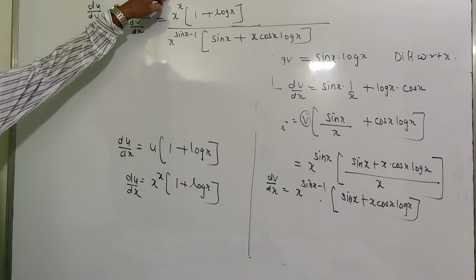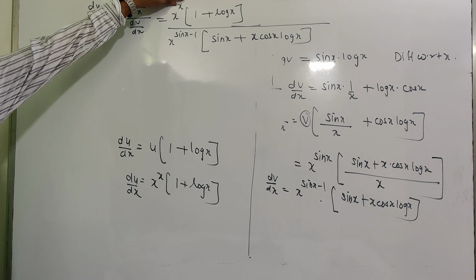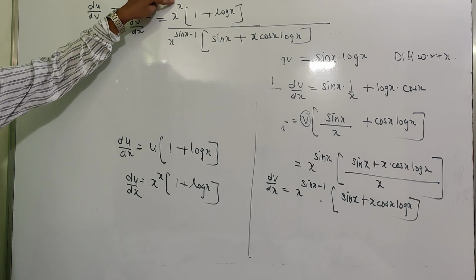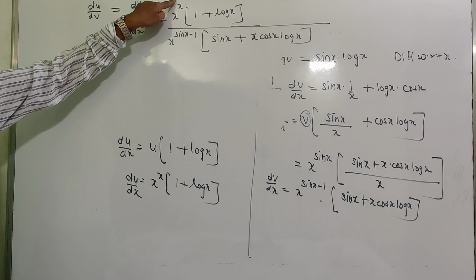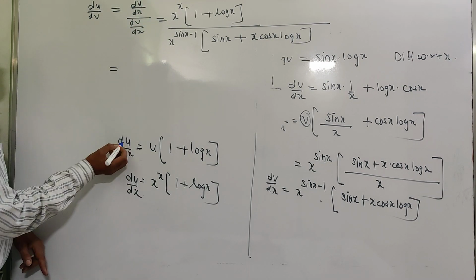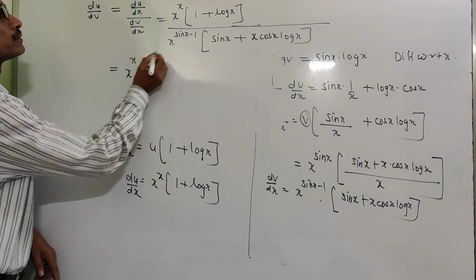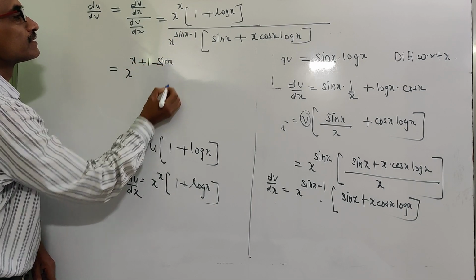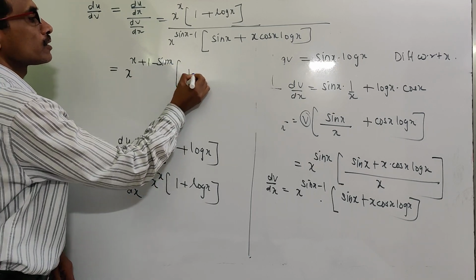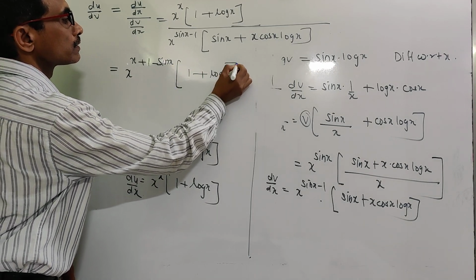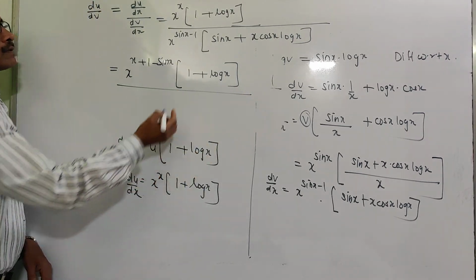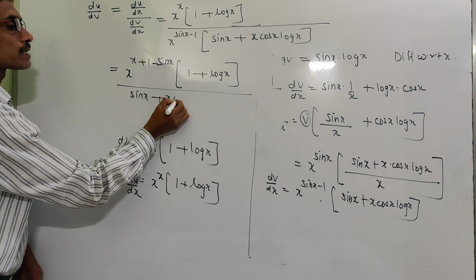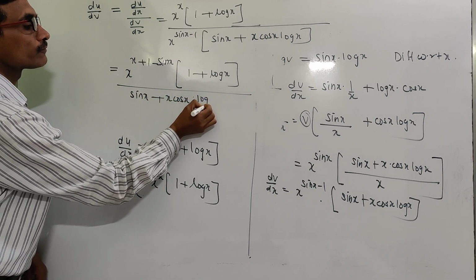x raised to power x will be in the numerator. So this power is x and this power is sin x minus 1. A raised to power m upon a raised to power n is a raised to power m minus n, so it will give x raised to power x minus sin x plus 1, into 1 plus log of x, and the denominator remaining is this only: sin x plus x cos x into log of x.